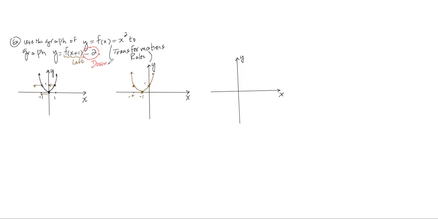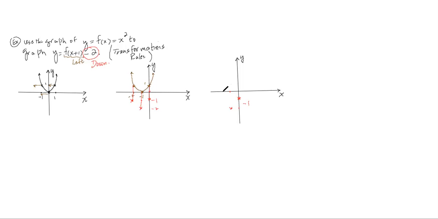Good job. So take these points, each one, move it down 2. See, so now your new points are these. So one is at 0, -1. The other one is at -1 and -2.